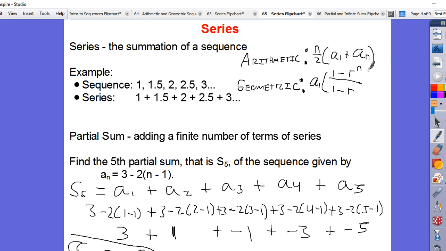These are arithmetic partial sums and geometric partial sums. So Sn would equal that, and Sn would equal that. S subscript n.